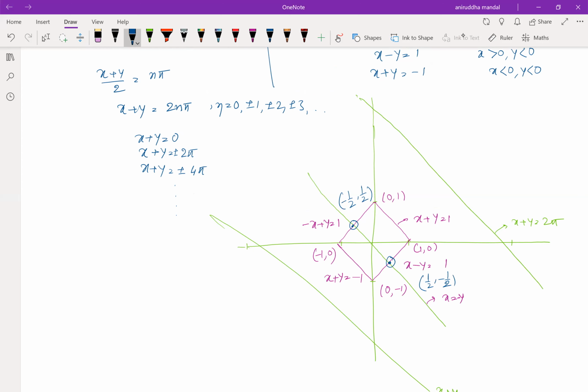So our ordered pairs which satisfy both equations are (minus half, half) and (half, minus half). So this is the solution of the first problem.